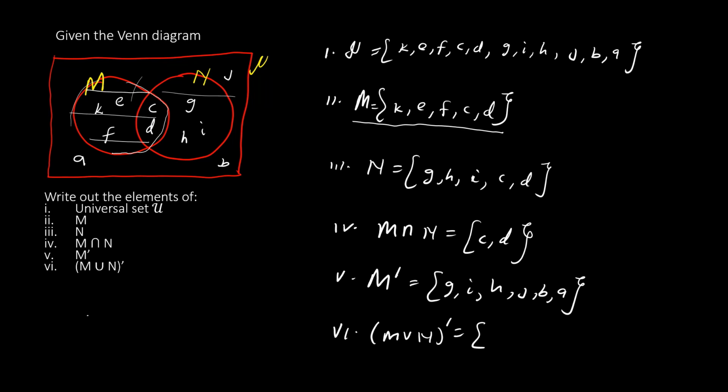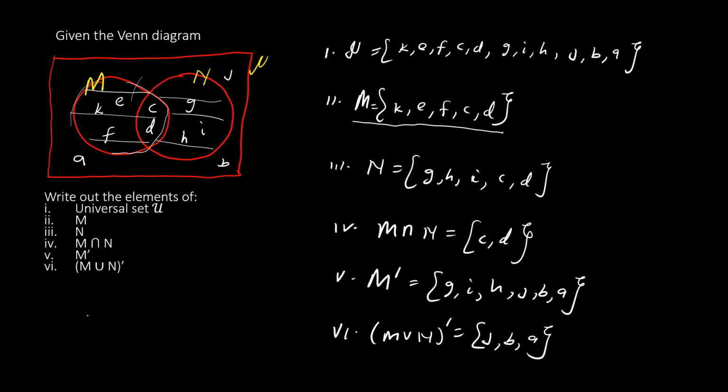Let me clean this off. Okay, so these are the elements that cover M union N. What we have in the universal set that is not in this range includes all things outside of the two circles, and this includes J, B, and A. So this is simply M union N complement, and that is how we can solve questions from Venn diagram.